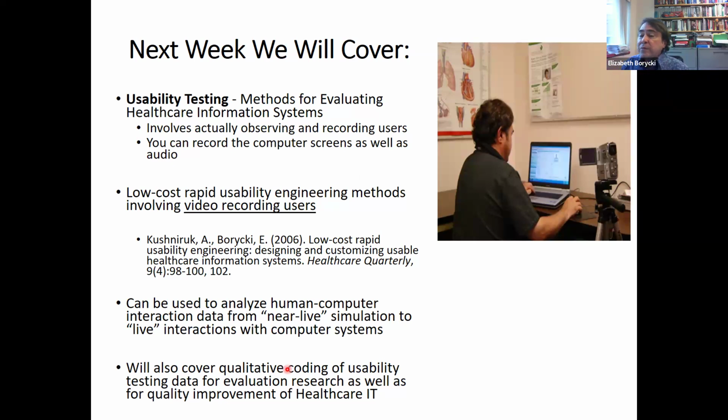One of the things I have installed whenever I do this on the laptop or computer or even the mobile is software that allows me to record the screen and the audio. So that's all you need. If you were recording using a web-based information system, I just need to have the software installed, and I'll talk about it.